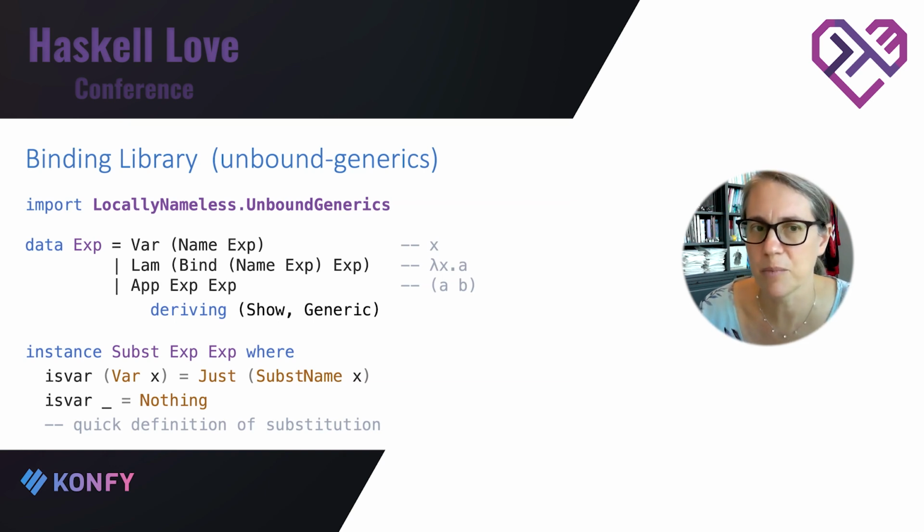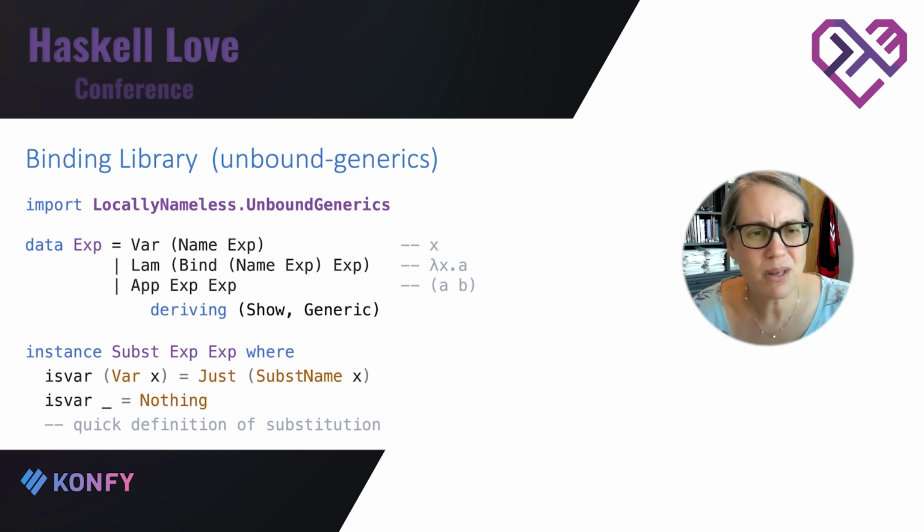There's a type for variables called Name in that library. And more importantly, that library uses generic programming. It uses GHC generics, so all you have to do if you want a definition of substitution is create an instance that just explains where the variables are in your data type. That's all the information that the library needs to correctly give you a substitution function. So really, this is the quickest definition I know of substitution.